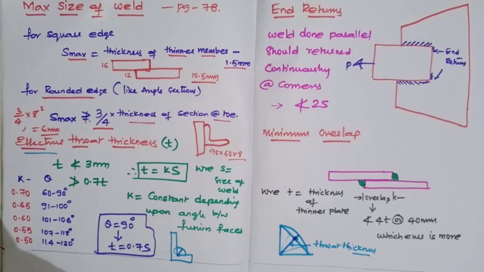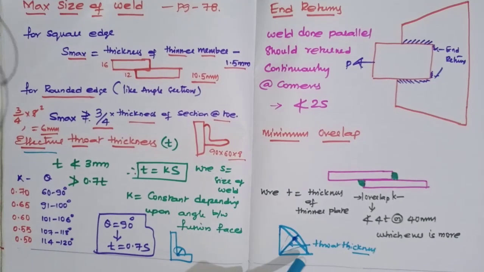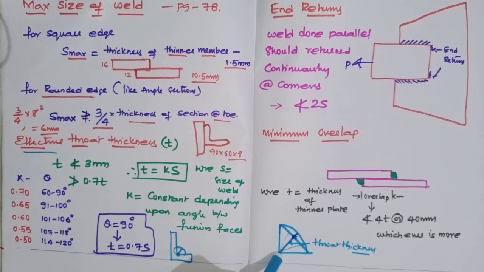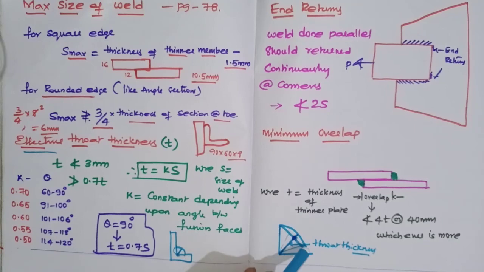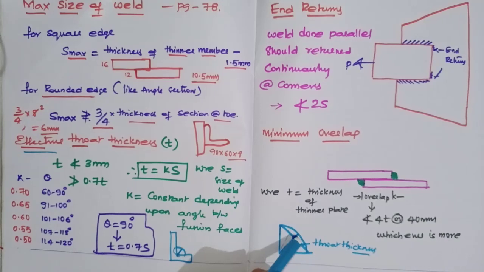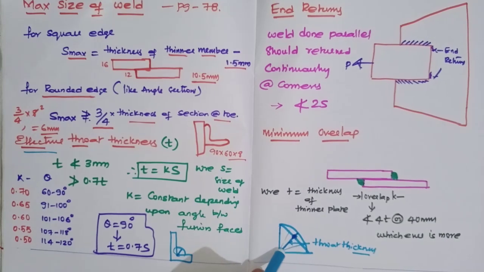The throat thickness is the perpendicular distance from the root to the line joining the two toes of a weld. This is one toe, this is the other toe. The perpendicular distance from the line joining the two toes to the root of the weld is called the throat thickness.